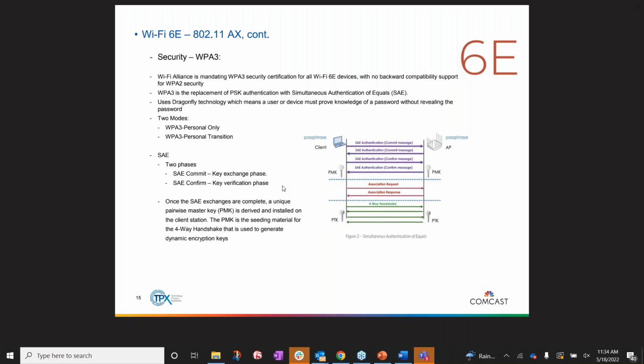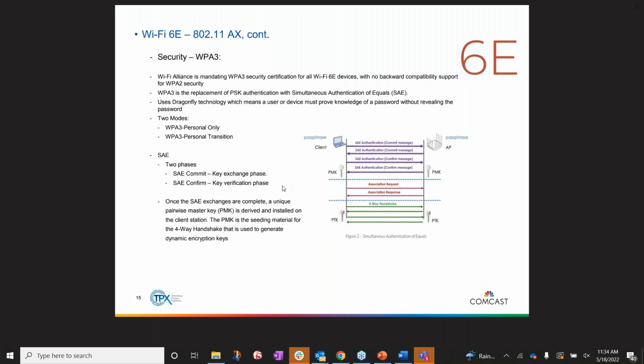In the authentication phase, for the first two packets, both the AP and the client exchange knowledge of the password, not using the exact password the user enters in personal mode. These first two packets from the AP and the client are called commit messages.